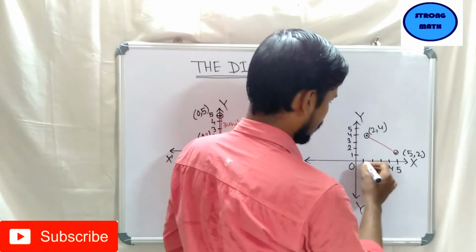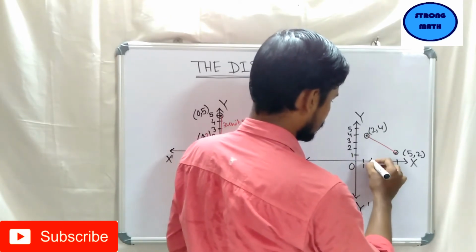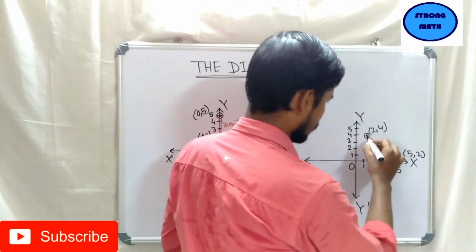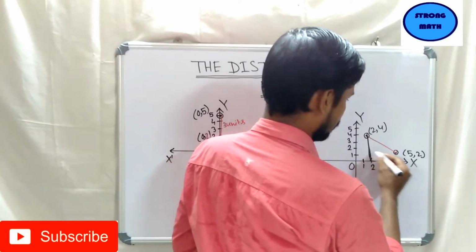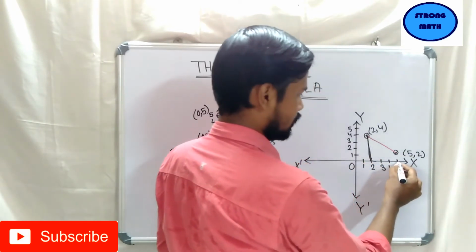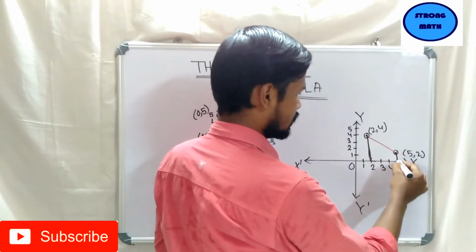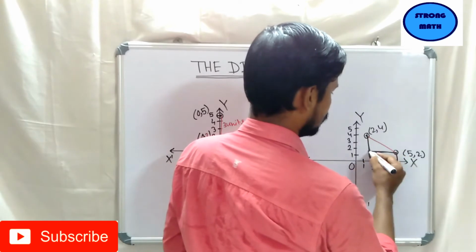We have to go along the x-axis up to 2 units of distance, and then go this distance. And for this one we have to go along the x-axis 5 units, and then 2 units of distance along the y-axis. Then how to measure the distance between these 2 points?